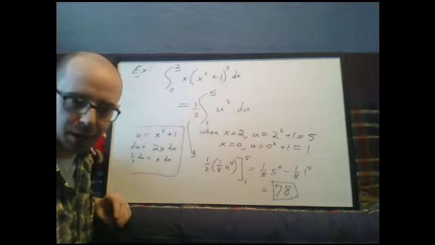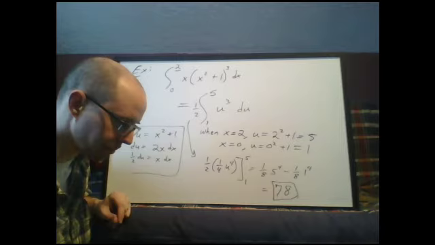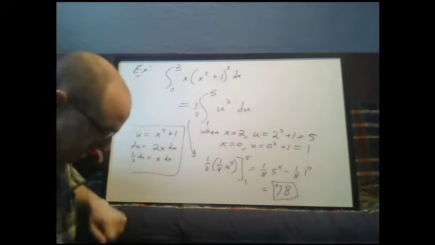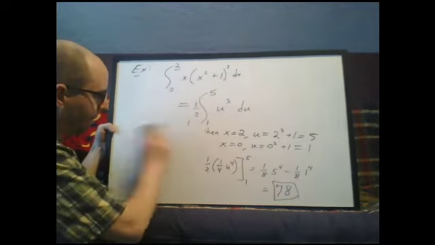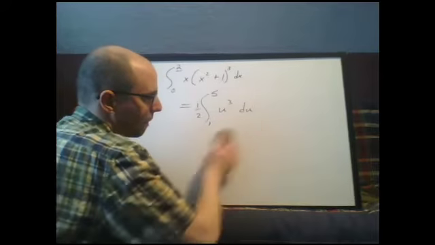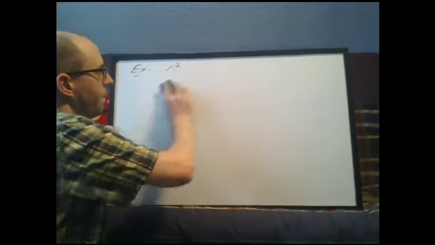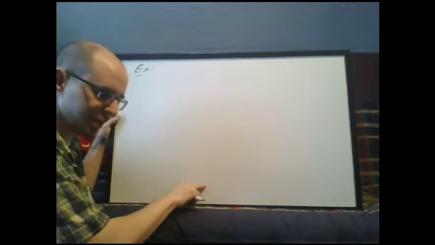All right, let's do another example of a definite integral. Most of the time, I personally prefer the second method just because it's shorter and easier to write down in a sequence of steps. So let's do another one.